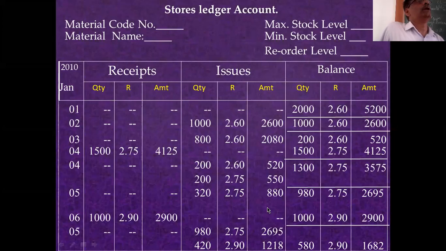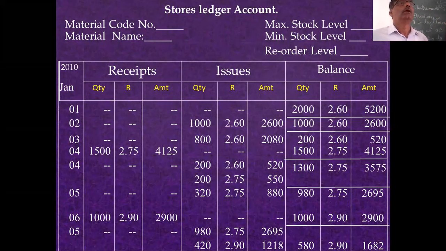What is the rate on the 5th January? At what rate you issued? 2.75. You issued at the rate of 2.75. At the same rate you have to take back.